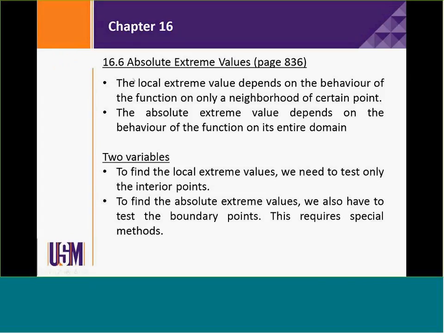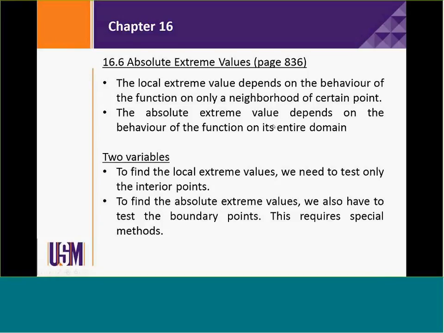In 16.5, we learned how to find the local extreme value using the second partial test. In this section, we would like to find the absolute extreme values. When we say absolute extreme values, you need to first determine the local extreme value at the interior point.